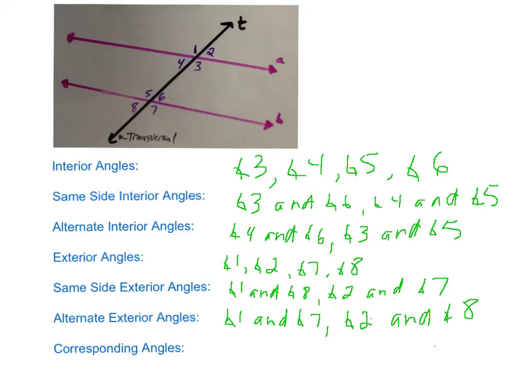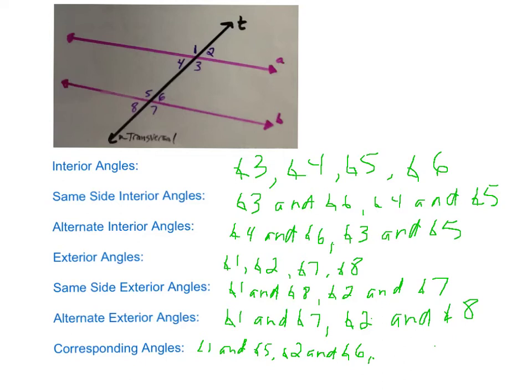Corresponding means if you take one set of the four angles and put it right on top of the other, what's in the same location? So one pair would be angle 1 and angle 5. We would have angle 2 and angle 6 as a pair.